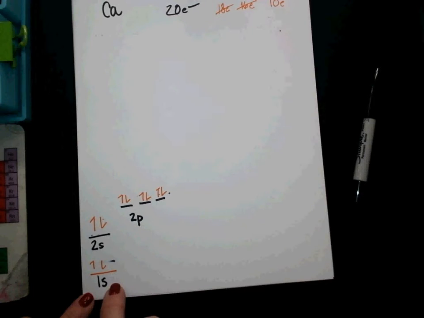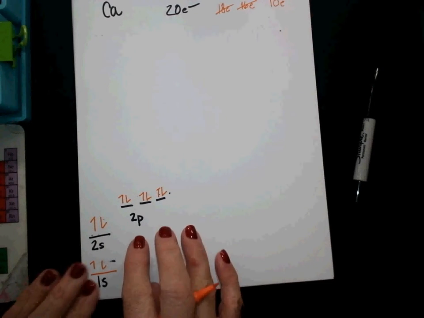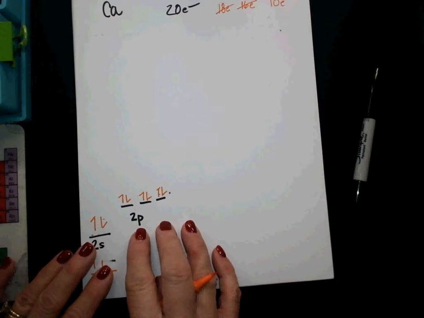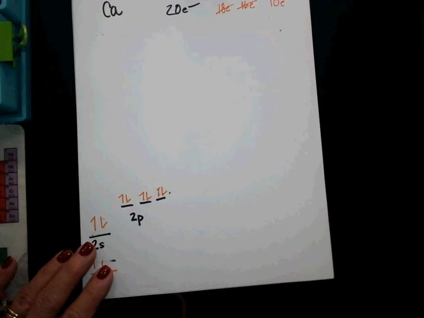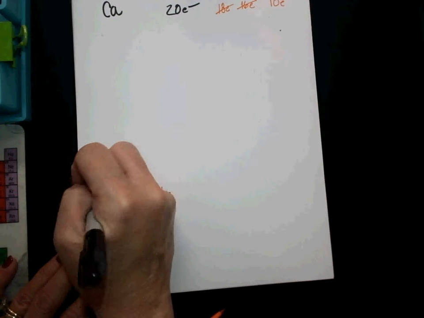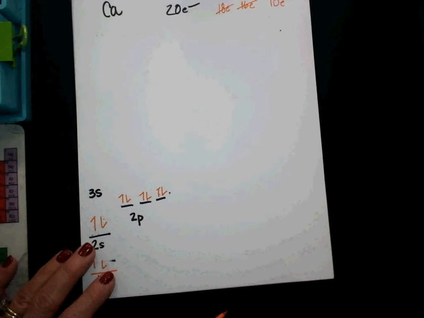If I were to stop here, what element would I have? Neon, yeah, because I've got 10 electrons. But I have more than that. So once I fill 2p, where do I go from there, according to your card? What's after 2p? 3s, yes.